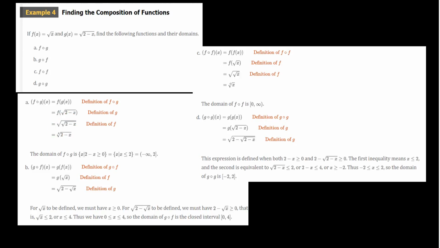Okay, well, real quick, the reason why is because, think about this, the square root of x, if you recall, is the same thing as saying x to the 1/2, right? So if I were to look at a, that's saying the square root of 2 minus x raised to the 1/2 power.